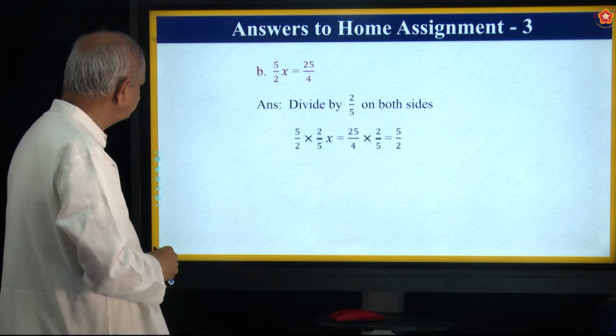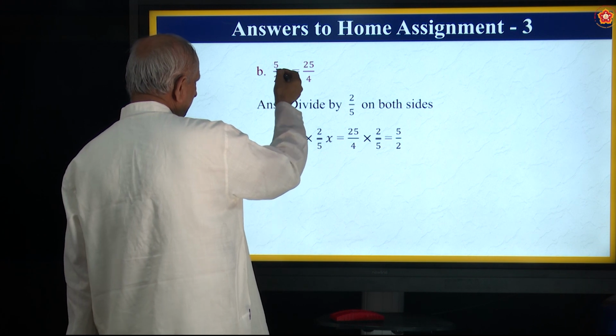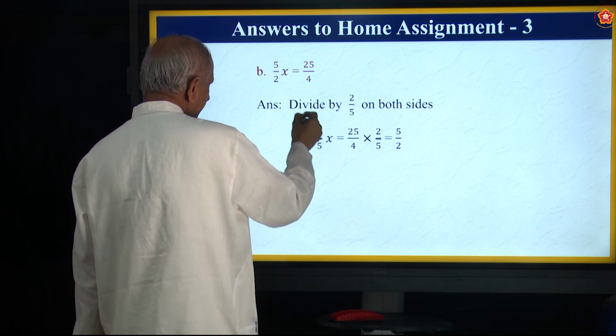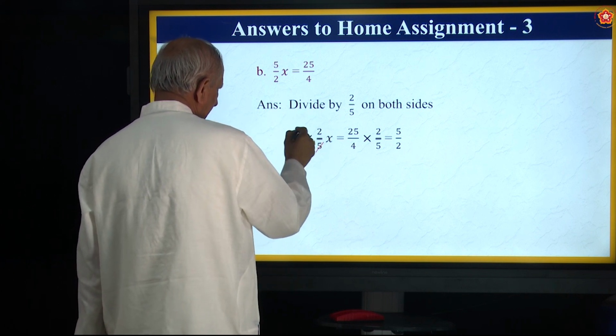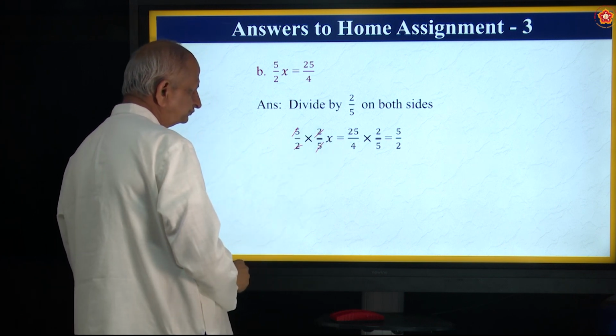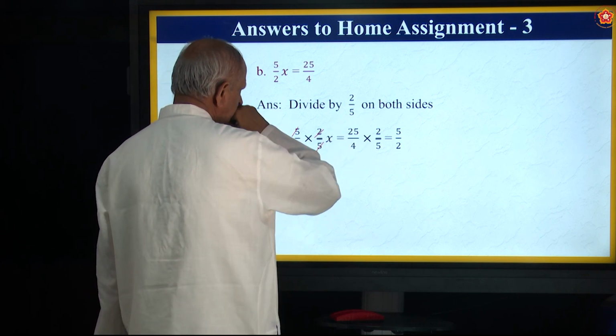What do you get? You are given 5 by 2 into x. When you divide it by 5 by 2, the 5 cancels, the 2 cancels, and you get x. And on the right side you have 25 by 4.